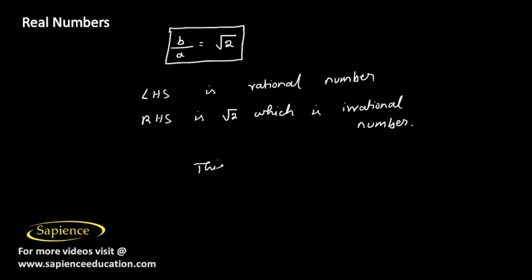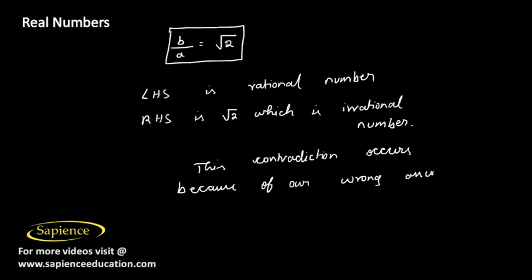So this contradiction occurs because of a wrong assumption. Hence 1 by root 2 is an irrational number.